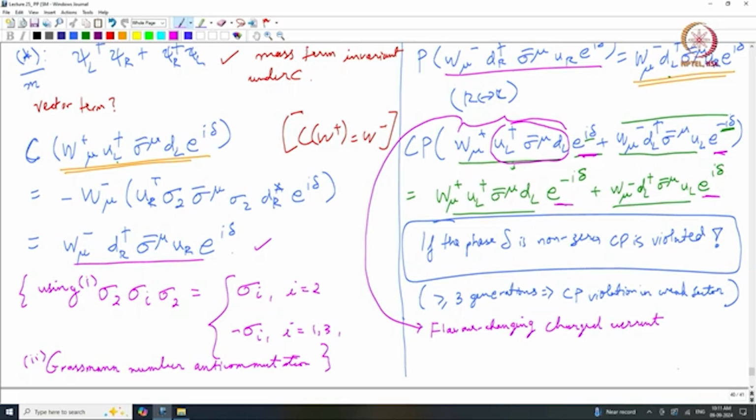If that is the case, shouldn't there also be a flavor changing neutral current in the standard model?